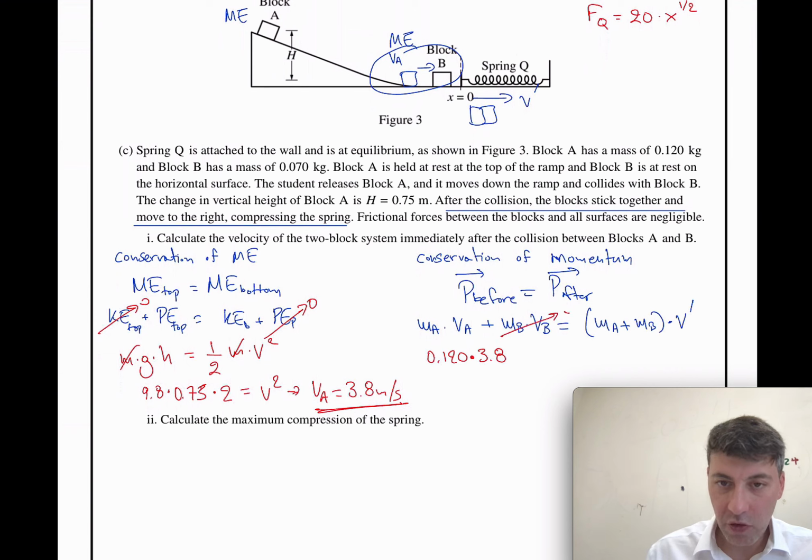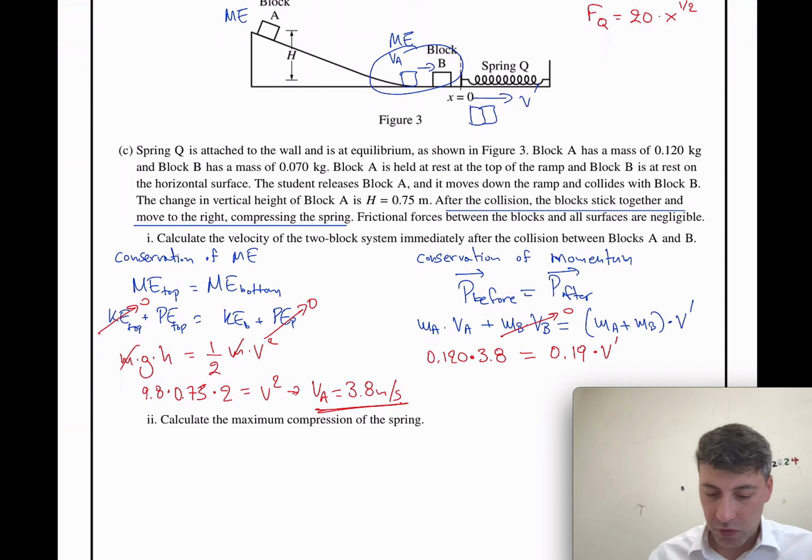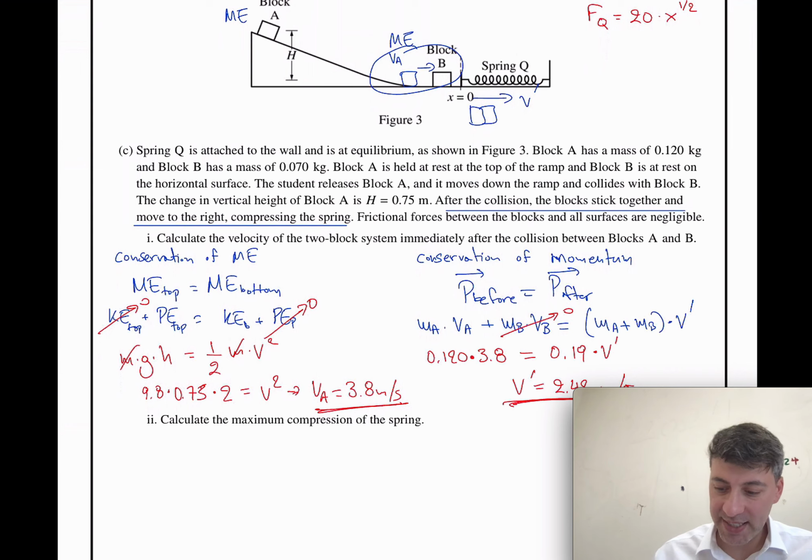The velocity of object B was 0, and the mass A plus the mass B together are 0.19 times the velocity that is unknown. So after the calculations and dividing by 0.19, we find that the velocity of the two objects together is approximately 2.42 meters per second, which is our final answer.